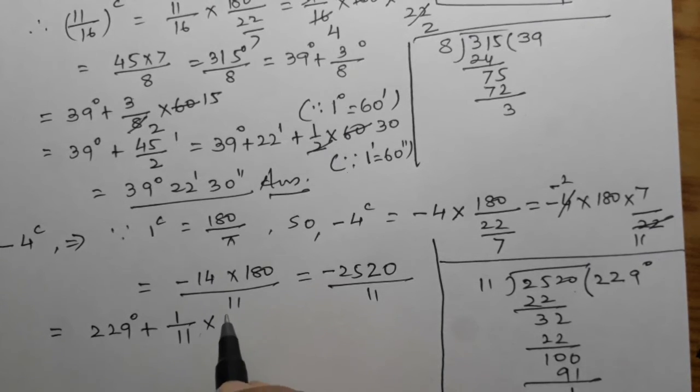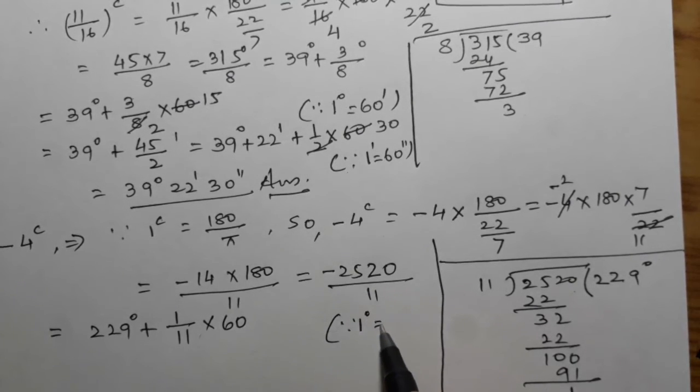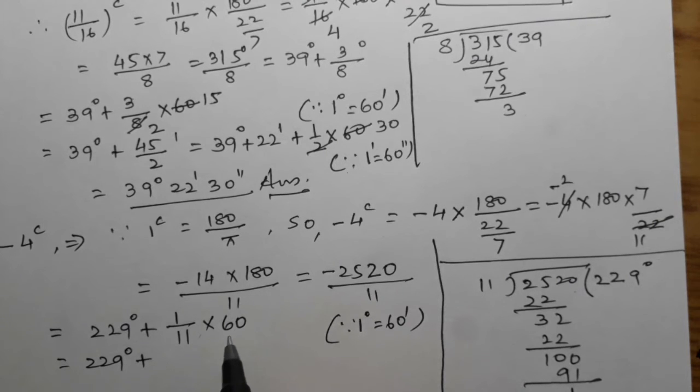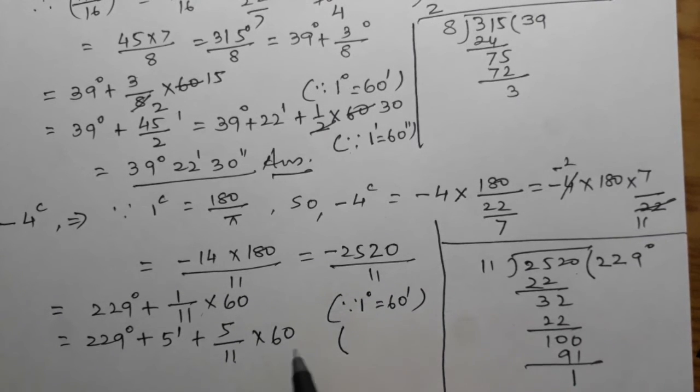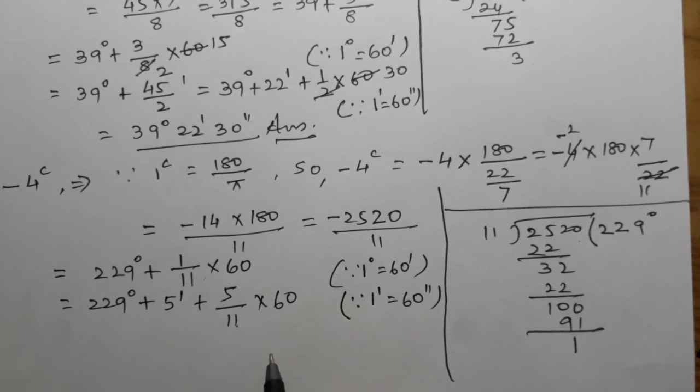This will be changed into minute, multiplied by 60, since 1 degree is equal to 60 minutes. So it will be 229 degree plus 11 fives are 55, so 5 minute and 5 remainder, so 5 by 11 into 60. This remainder was minute, 5 by 11 minute, and it became second, since 1 minute equal to 60 second, so it was multiplied by 60.